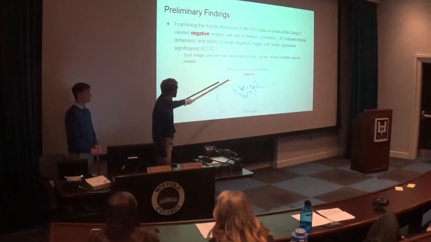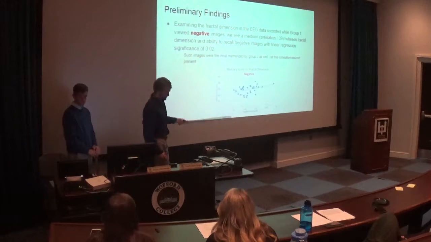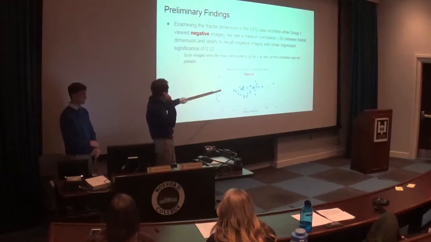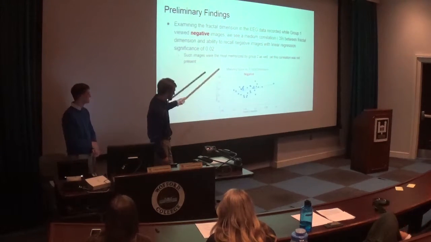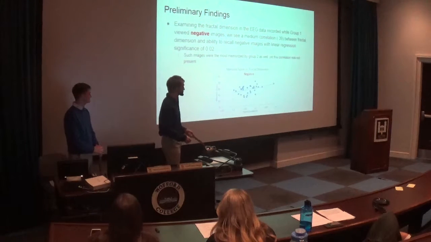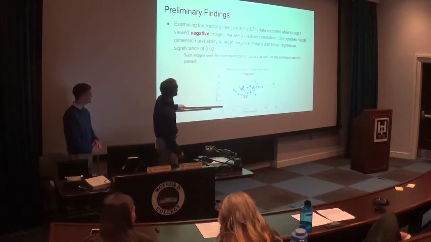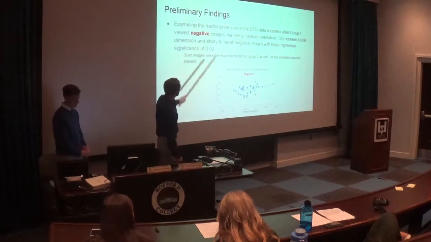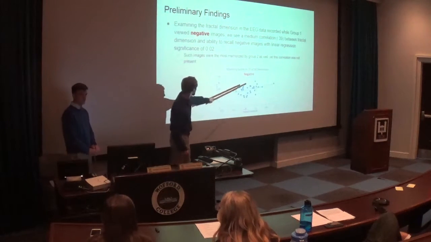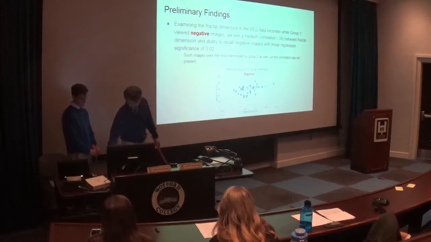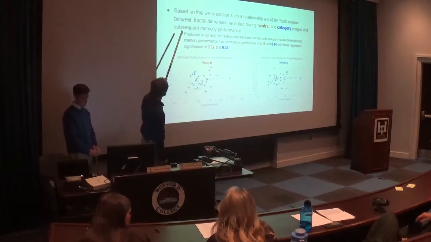So based on this fact, we predicted that the people who saw the neutral and category images would not show the correlation like group 2 did. So we expect the negative people to have this positive correlation and the category neutral not to, and it turns out that was correct.